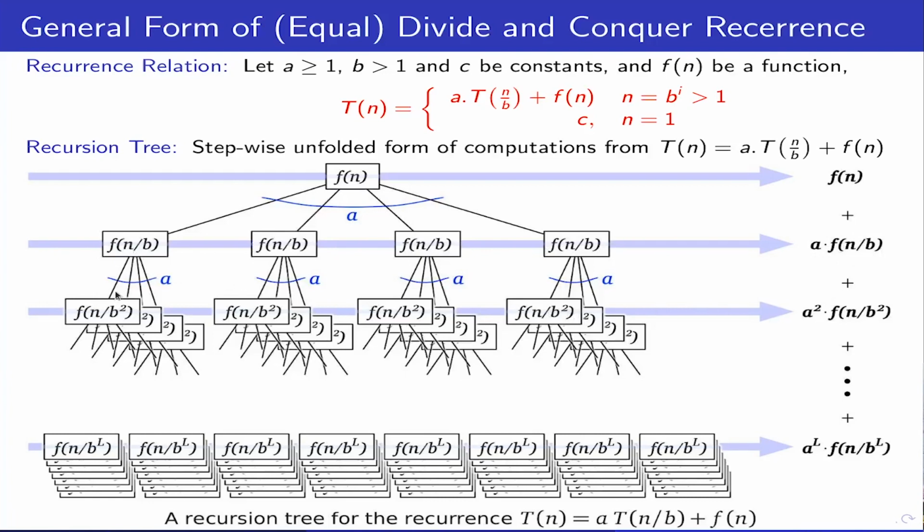Similarly, this again gives a number of f(n by b square). It adds up. So finally, all these additions are your computation steps for T(n) when you go down till the end. And when you go down to 1 for each of these base cases, all possible a to the power l of those f(n by b to the power l) will be added, and finally this is your merged answer for T(n).